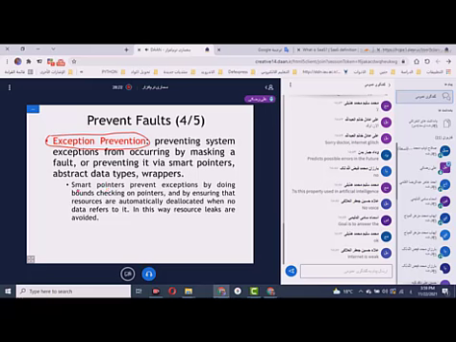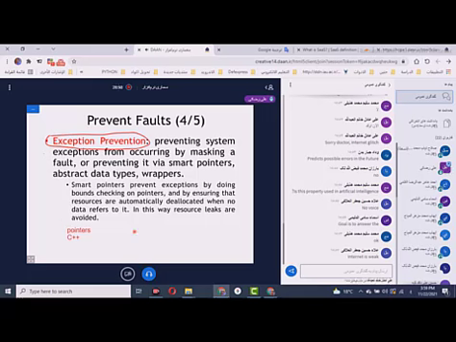For example, you all know pointers. We use pointers in the C++ language. And we know that pointers are very dangerous.